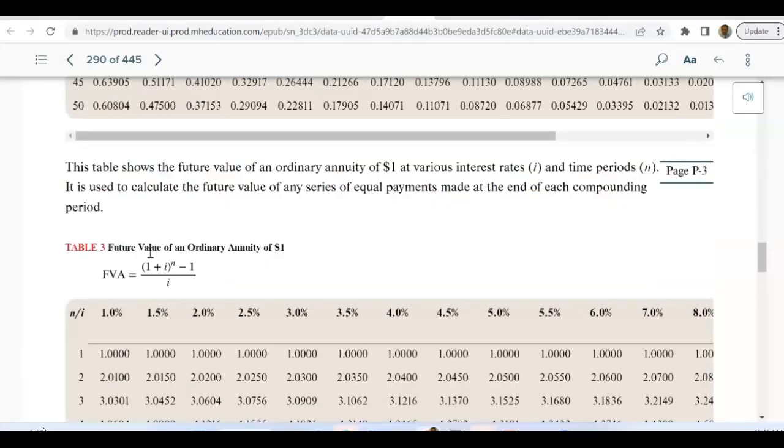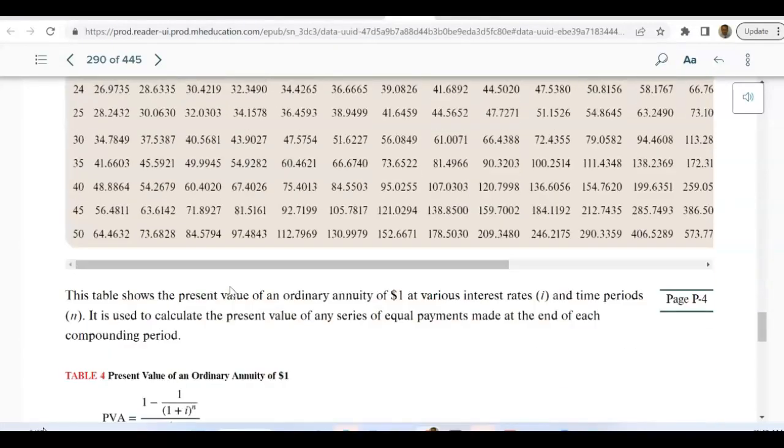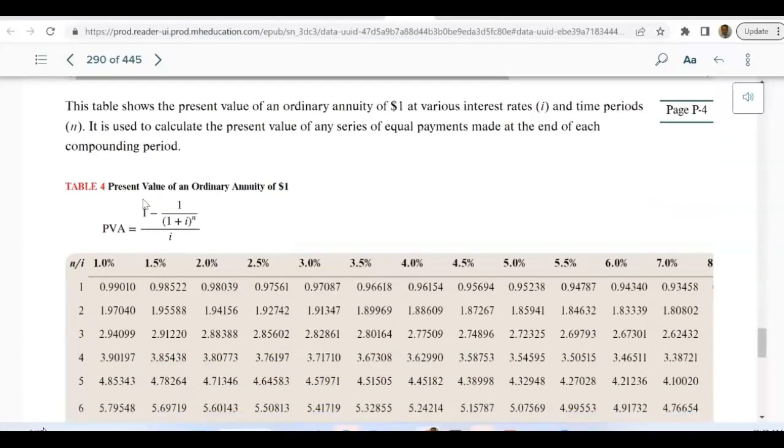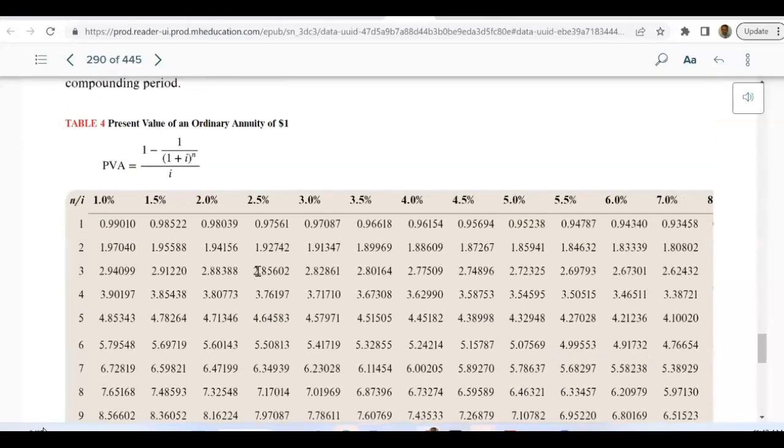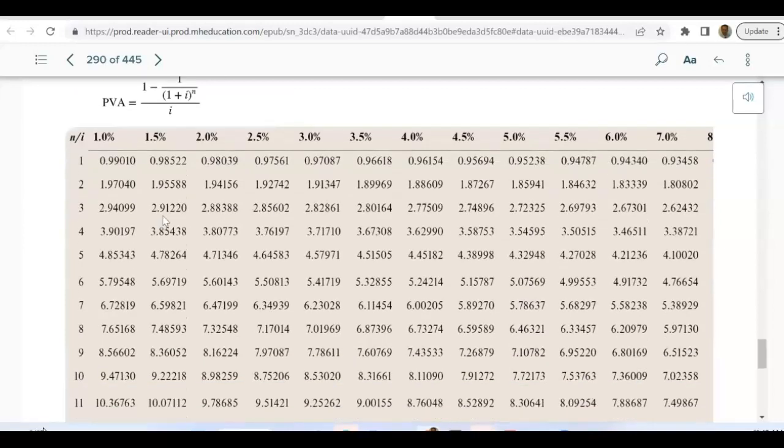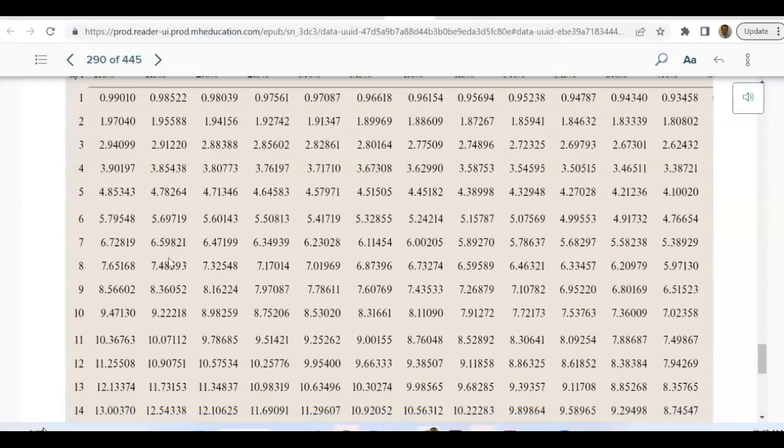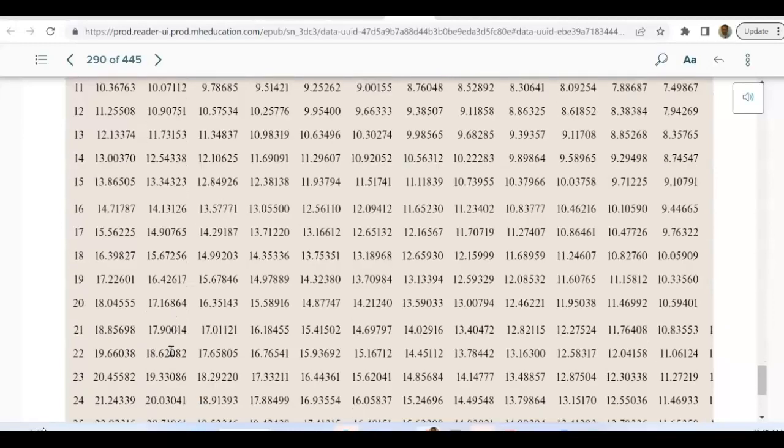But I don't want future value. Keep going. Here we go. I want present value of ordinary annuity. Okay. So what is the interest rate? The interest rate is 6% divided by 4 times a year. That's 1.5%. N is 20. So right there. That's your factor.